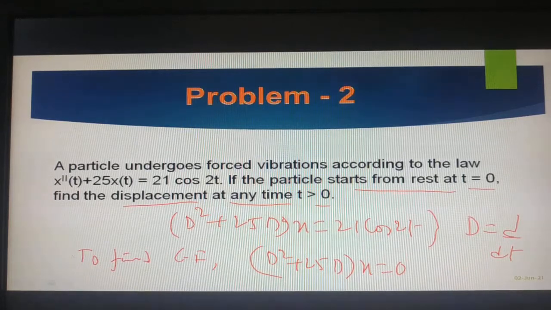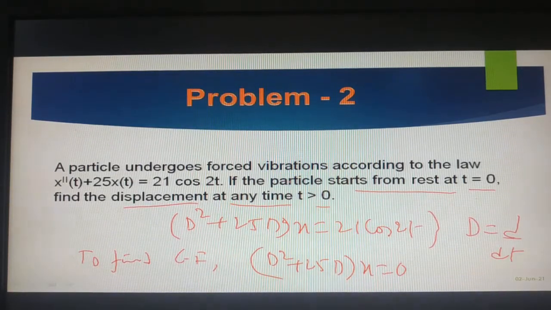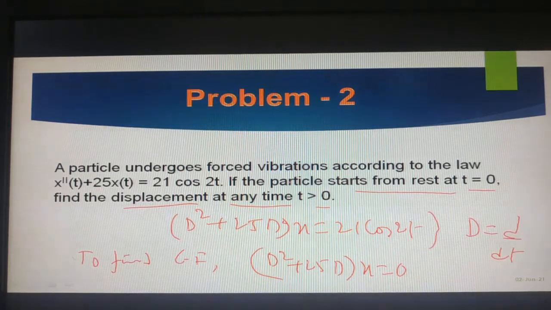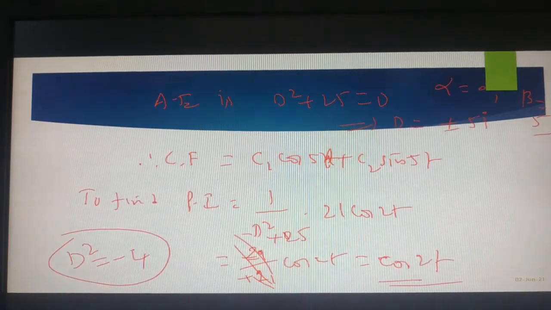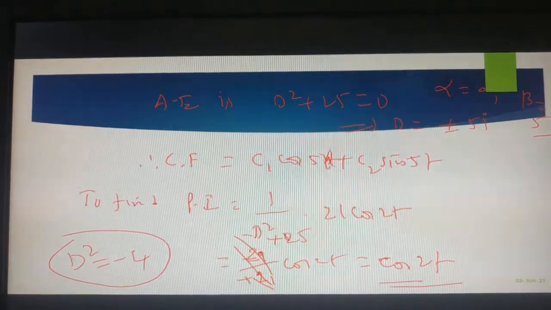It's starting from rest. So in that case, at rest, t equal to 0, both the conditions hold: x equal to 0, and dx by dt also becomes 0, right?